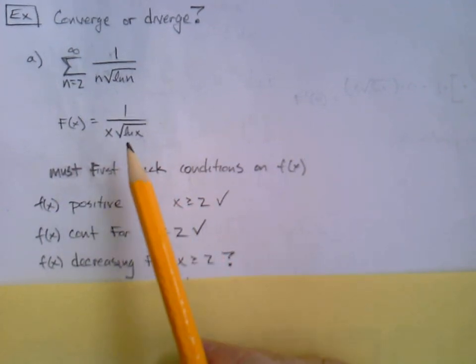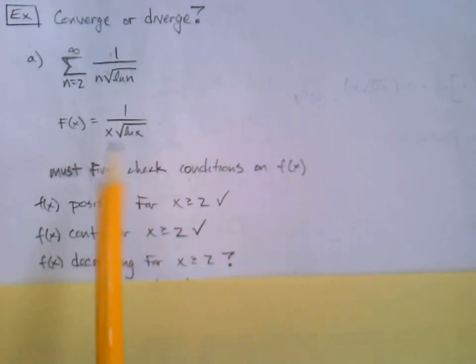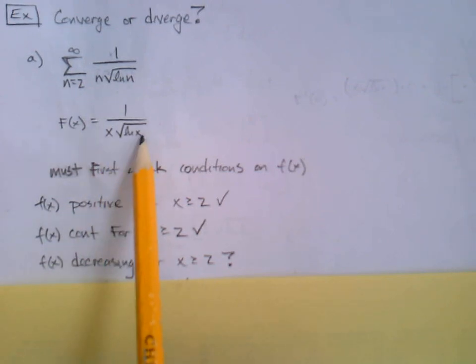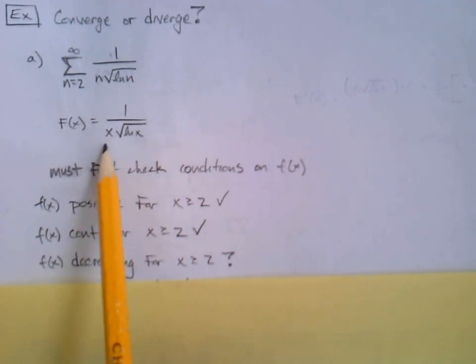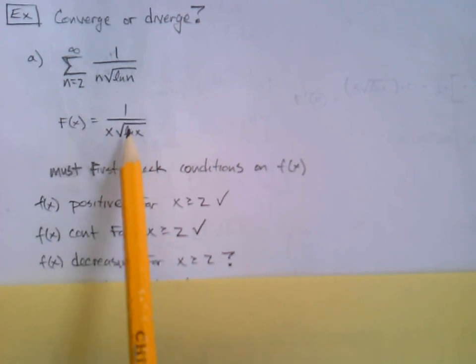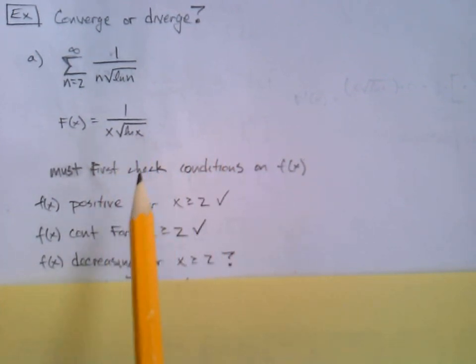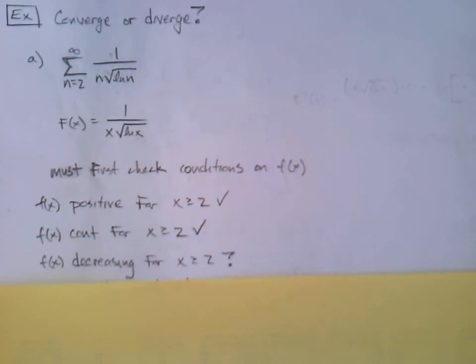I could understand here, though, somebody could look at this and say, at 2, well, I don't know what that would be, but then if I raised it to 3, the denominator is getting bigger, so it's decreasing, and then at 4, the denominator is getting bigger. For both x and natural log x, it's always getting bigger and bigger. So the value of f of x is getting smaller. I could see somebody making that argument.